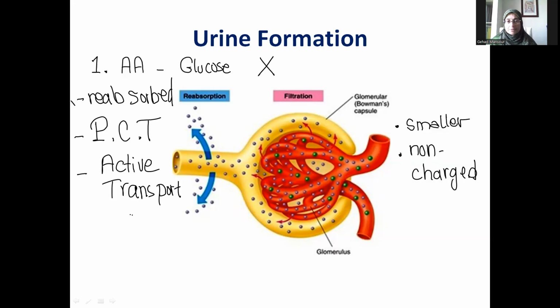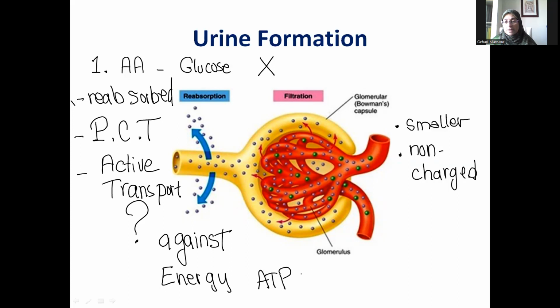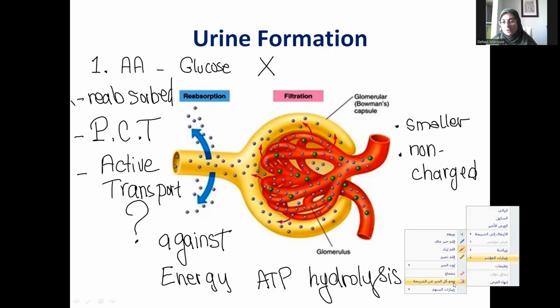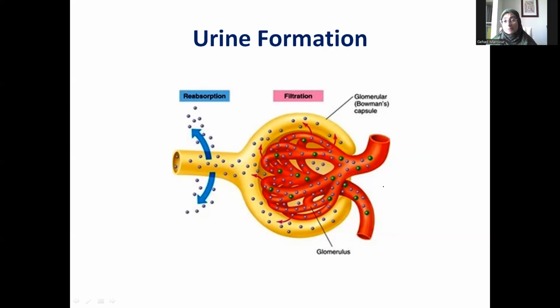Because I might ask you about active transport. So the first thing you say is that active transport is against concentration gradient, and therefore it requires energy, and that energy is derived from the ATP molecule and obtained by hydrolysis of ATP. Okay, these are just a few examples of questions that are related to that slide.